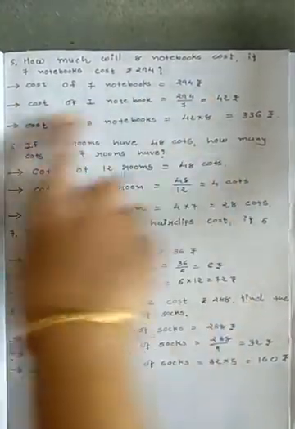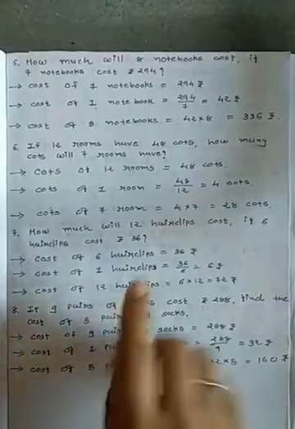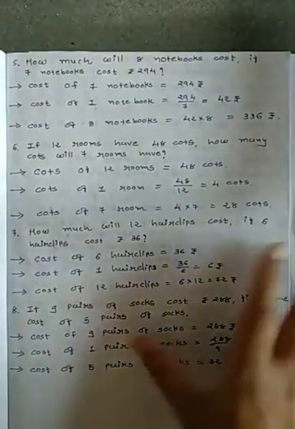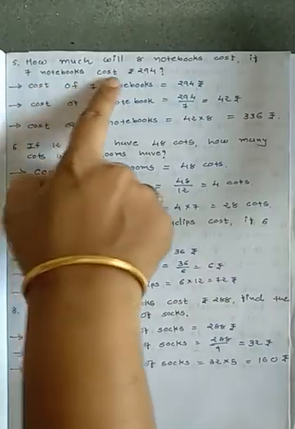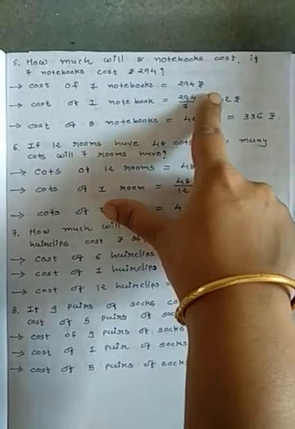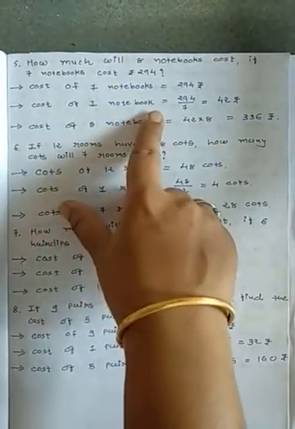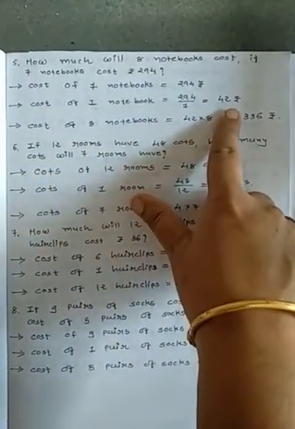The cost of many is given, you find the cost of one, and again you find the cost of many. Same procedure, same method. Now let me start. The cost of 7 notebooks equals 294 rupees. The cost of one notebook we will find first. So 294 divided by 7 will be 42 rupees.